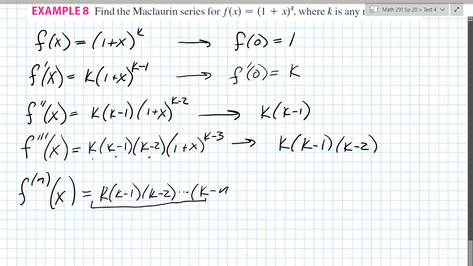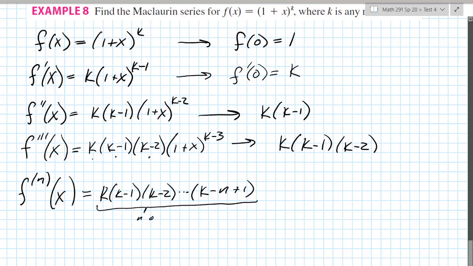Is that right? Would that give us the right number of them? Well, we need one less than that because k minus 0 is the first one. So if there's n of these, the last one should be k minus n plus 1. Okay, so now there are n of those.